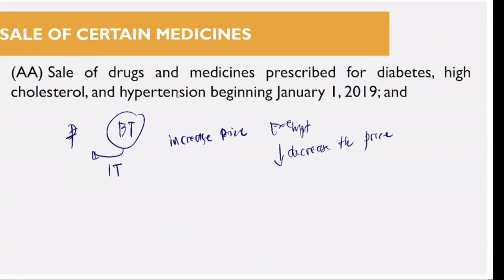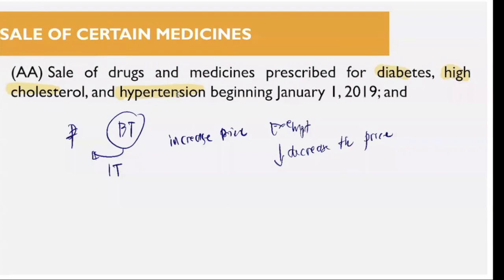So this particular sale of medicines was provided to decrease the price of these medicines. What medicines? For diabetes, for high cholesterol, and for hypertension. As to what type of medicine, kung ano bang klase ng medicine yan, hindi ko alam. Hindi ko naman alam kung ano yung mga medicines for diabetes, high cholesterol, or hypertension.